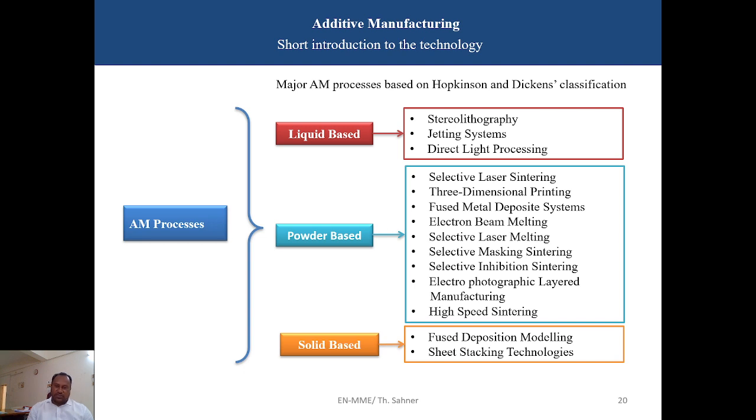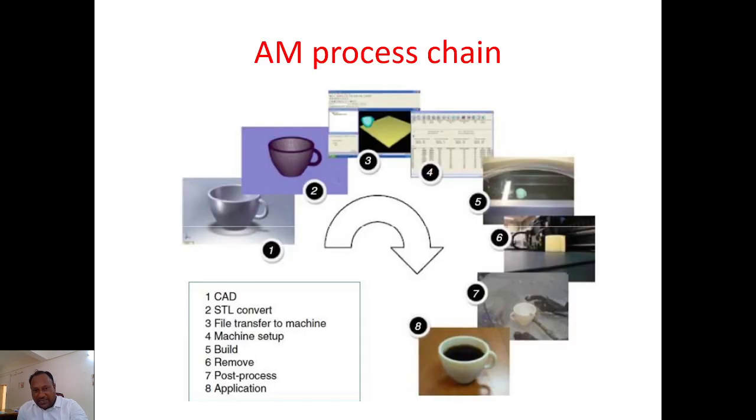Fused deposition modeling is a very important rapid prototyping or additive manufacturing process that gives good products. Selective laser sintering, selective high-speed sintering, and solid-based fused deposition modeling are all part of the additive manufacturing classification. So with respect to all this, we have to give the classification based on three types.